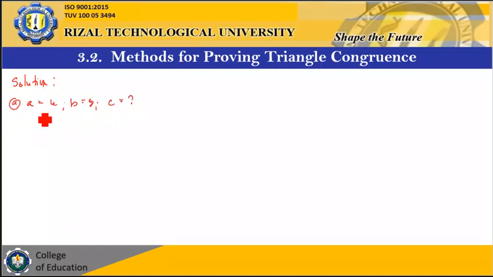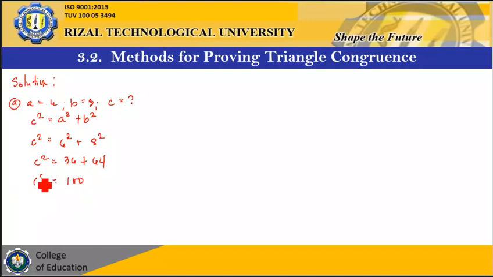By using the Pythagorean theorem, we have c squared is equal to a squared plus b squared. Then we just need to substitute: 6 squared plus 8 squared. So we have c squared is equal to 36 plus 64, and 36 plus 64 is 100.